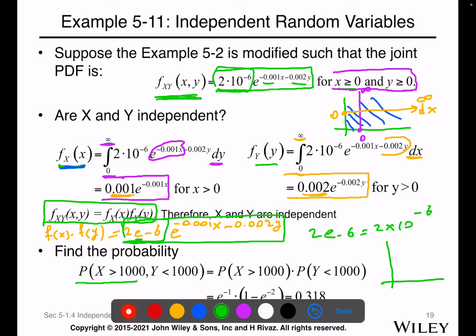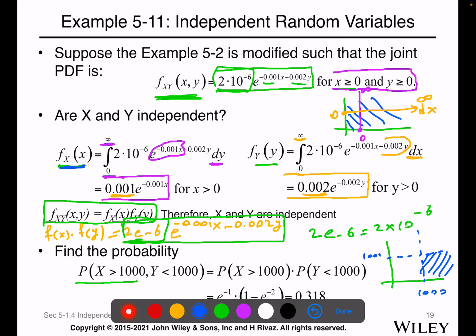So if this is 1,000 and this is 1,000, x has to be more and y less. This is the range that we should integrate.